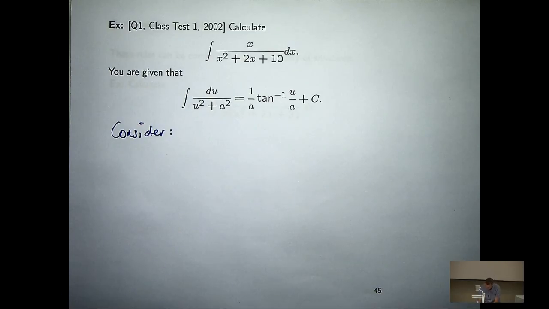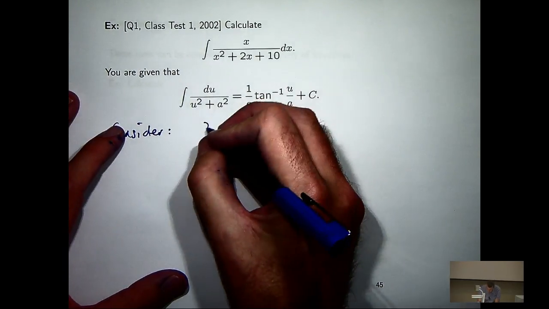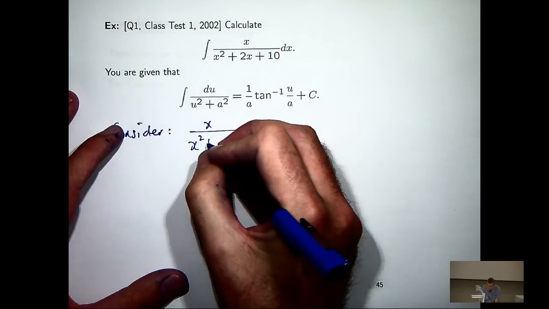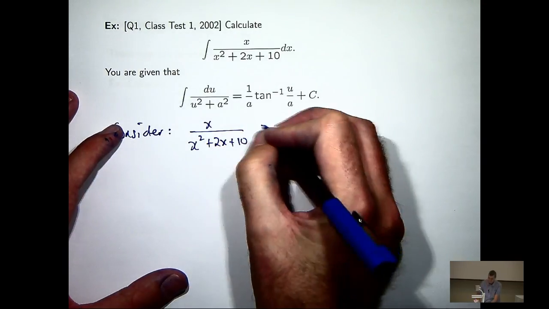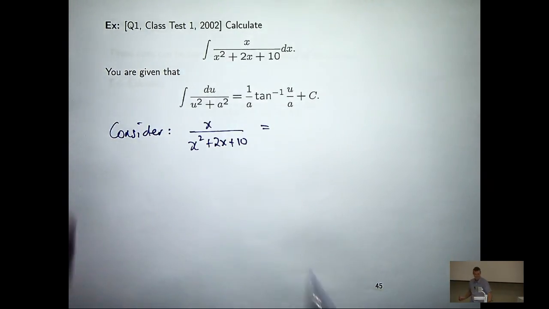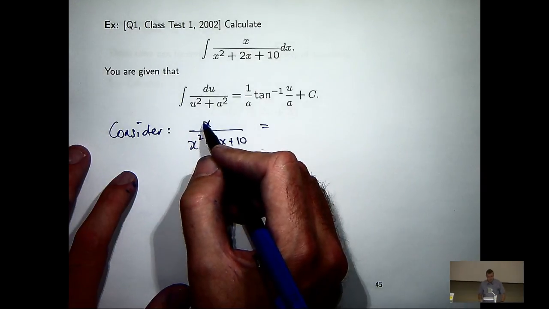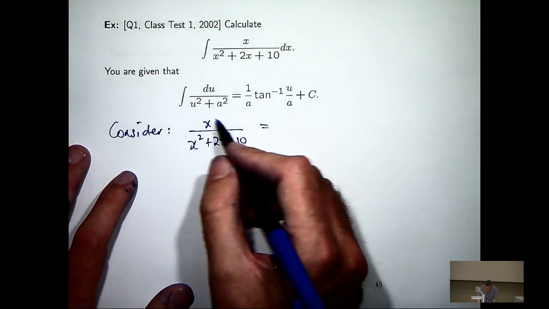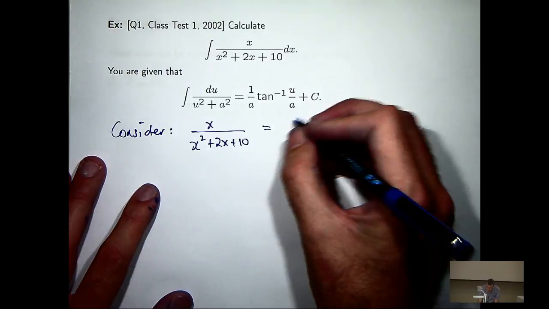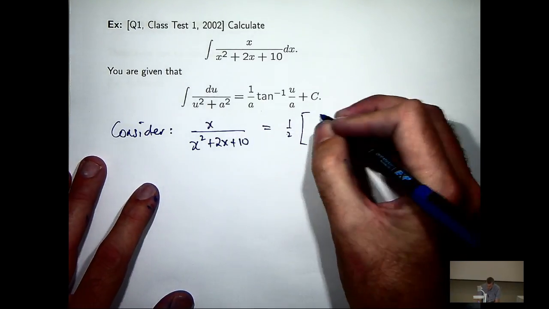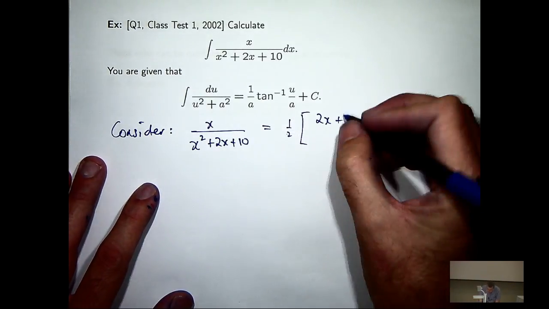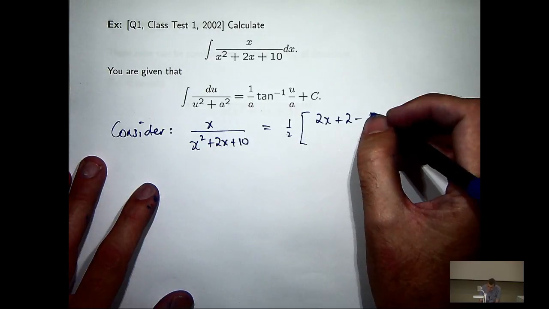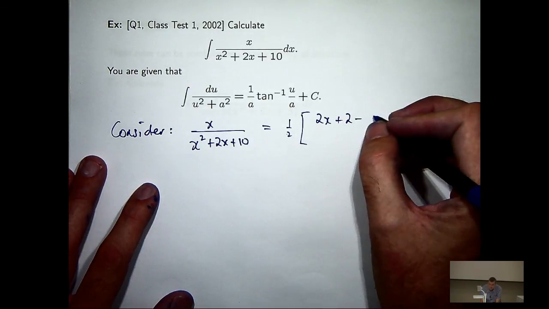Well, what I can do is multiply by 2, divide by 2, and add and subtract. Okay, so I'm going to, I guess that should be a 4, right?